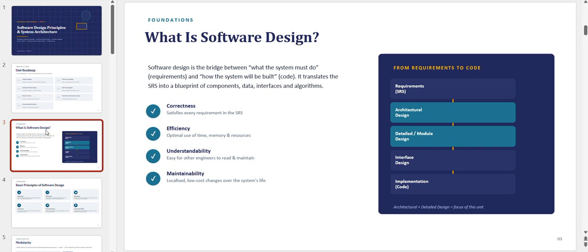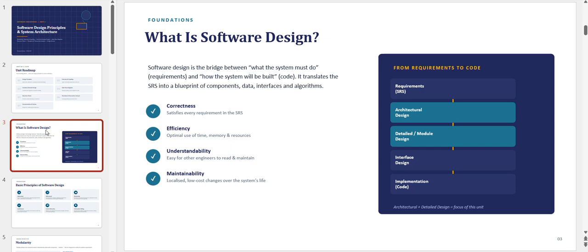In correctness, we will see it satisfies every requirement in the SRS. In efficiency, we will see optimal use of time, memory, and resources. Understandability is being easy for other engineers to read and maintain.